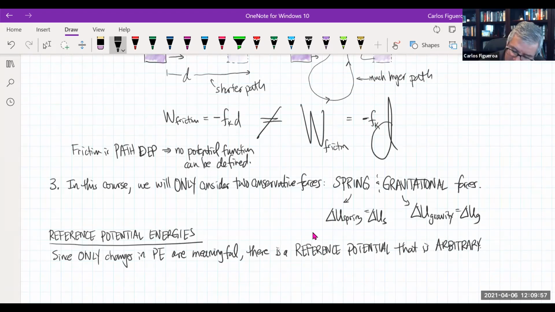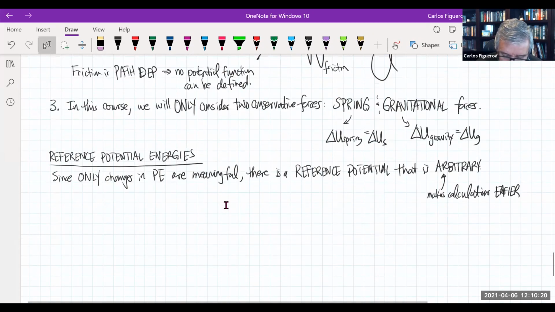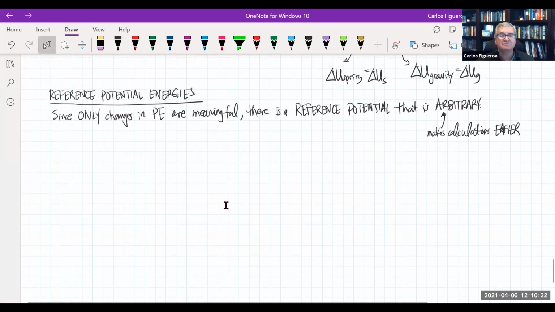And in fact, this arbitrariness actually makes calculations easier. It's like you have this constant in your pocket that you could walk around with and apply to make your calculations easier. So let's go check this out here.